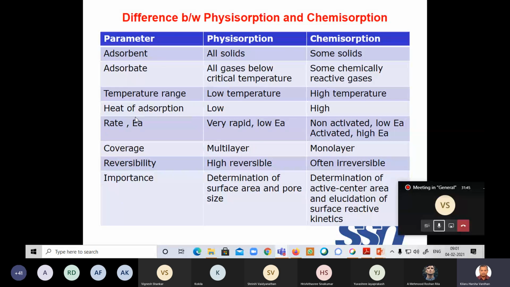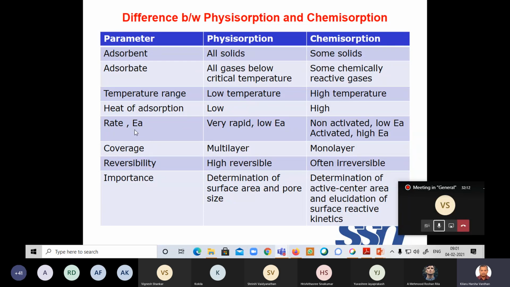The temperature range: physisorption is low temperature, here it is very high temperature. One more important parameter, the heat of adsorption, the heat which is getting evolved. Generally in physisorption it is very low, whereas chemisorption is very high.